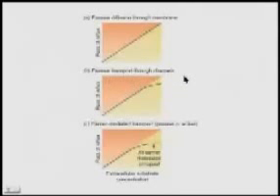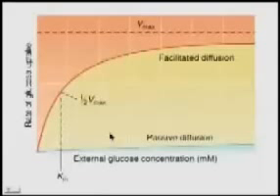Passive transport through channels reaches a point where it is slowed down because of all the biophysical properties of the membrane protein interfacing with the solute that is moving. And then carrier-mediated transport reaches saturation. So when all the carrier molecules are occupied, they reach saturation.